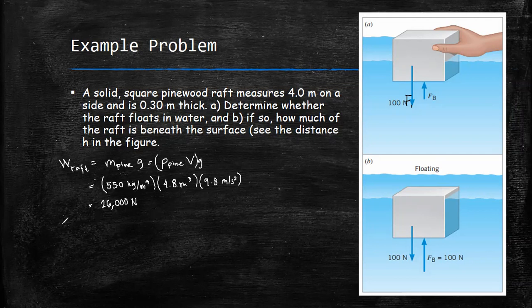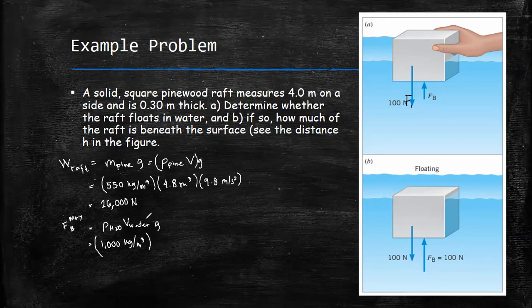Now, let's get the maximum possible buoyant force that the raft will experience by getting the product of the density of water, the volume of water that is being displaced, and the gravitational acceleration. The density of water is 1,000 kilogram per cubic meter.